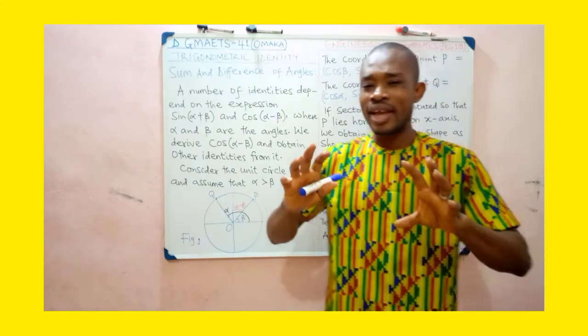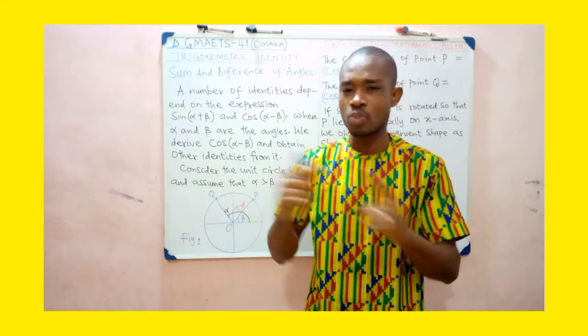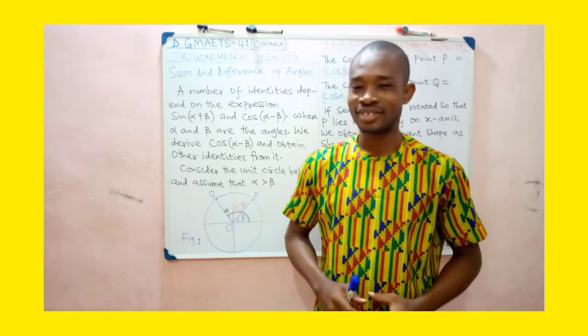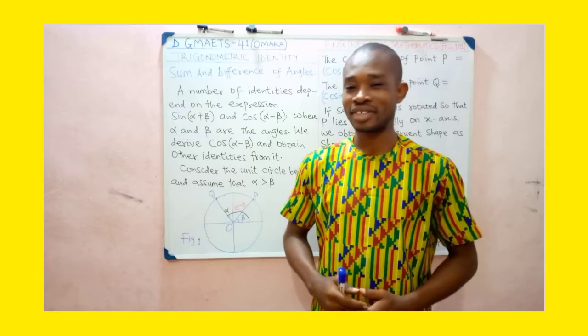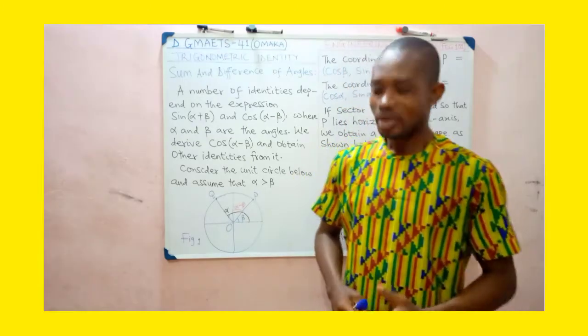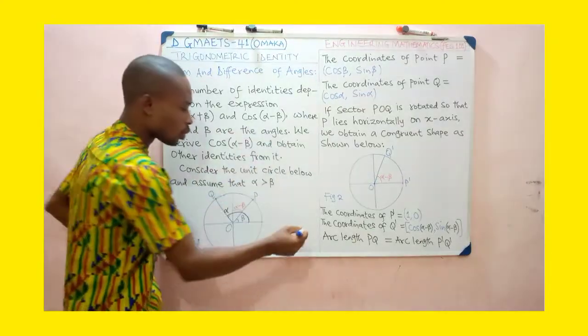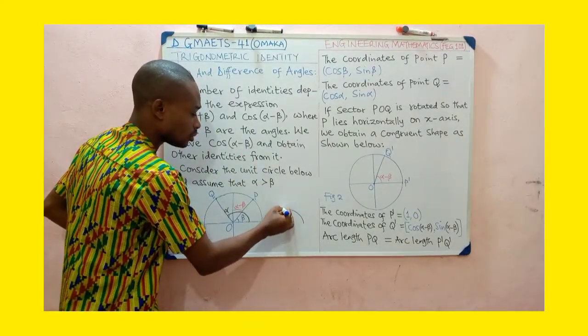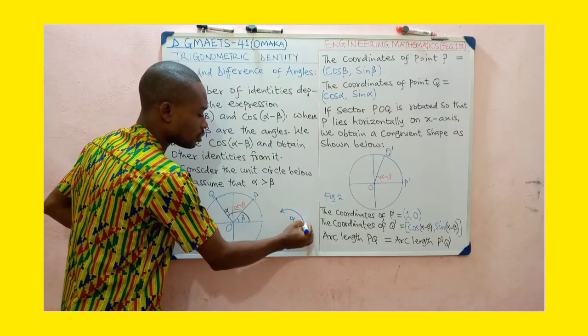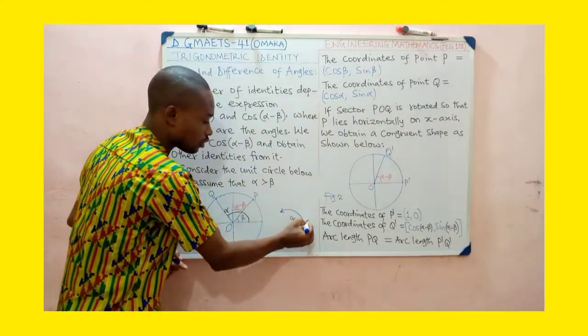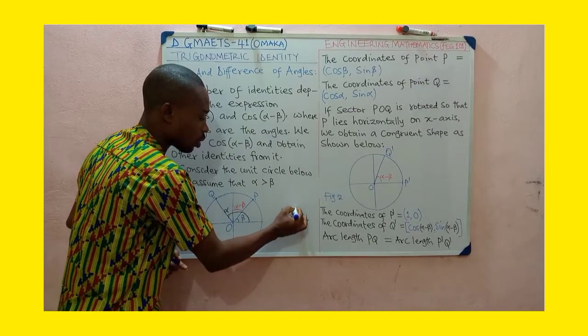Now, what is going to be the angular difference between these 2 points? It's going to be alpha minus beta. Why did I say that? How true is it? Please just take a look at the board. Let's see what happens. Suppose I have a total angle, call it alpha, from this point to this point. Then I have another smaller angle from this point to this point.